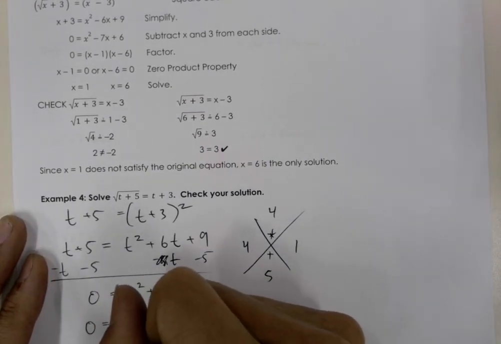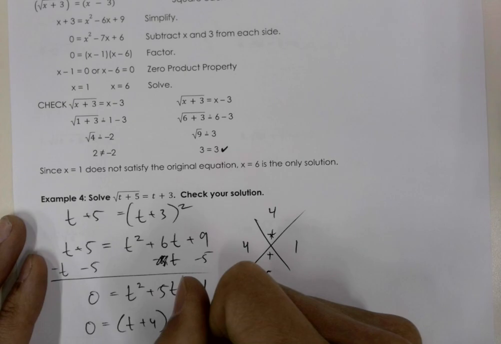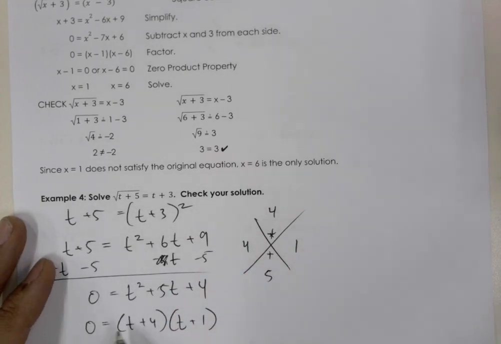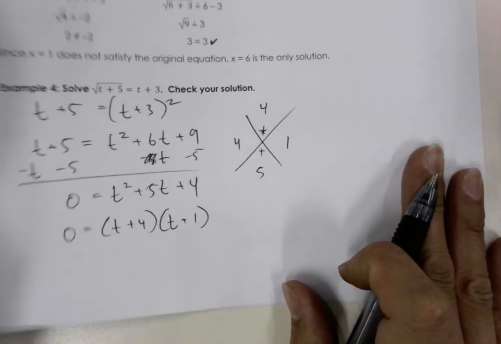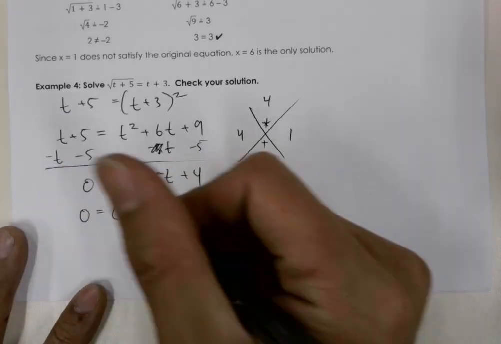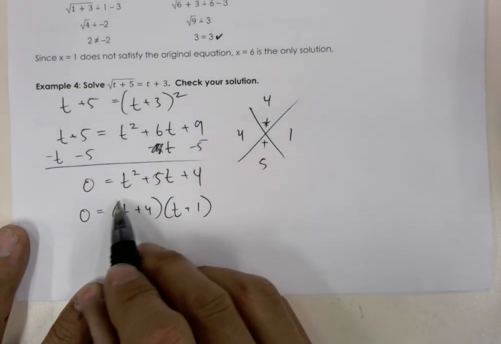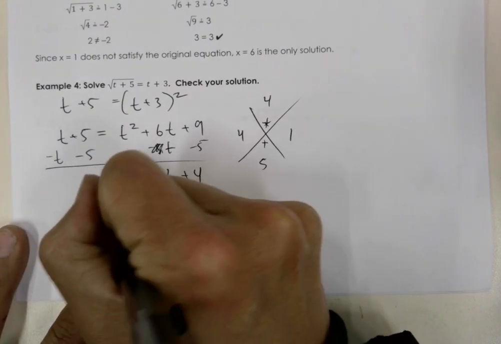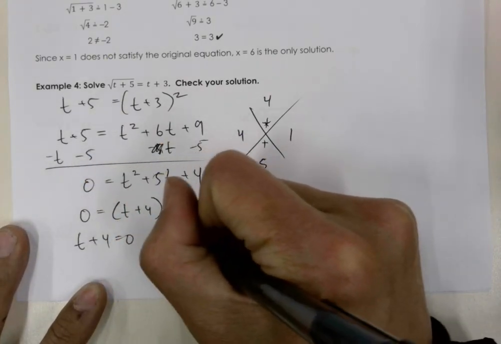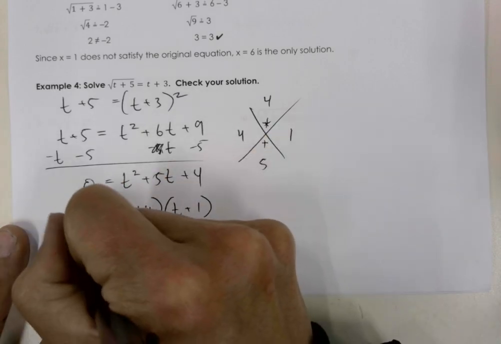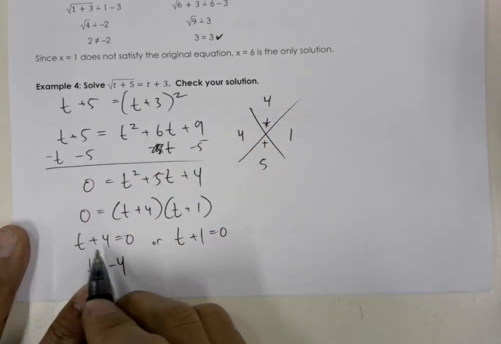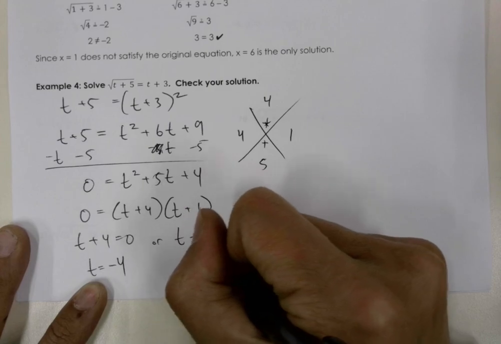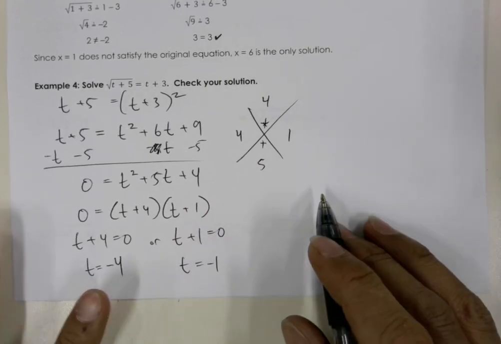We're going to have t plus 4 and t plus 1 as our two factors, and you can FOIL that out and double check that it works. That allows us to set t plus 4 equal to 0 and t plus 1 equal to 0. So t is equal to negative 4 if we subtract 4 from both sides, and t is equal to negative 1 if we subtract 1 from both sides.